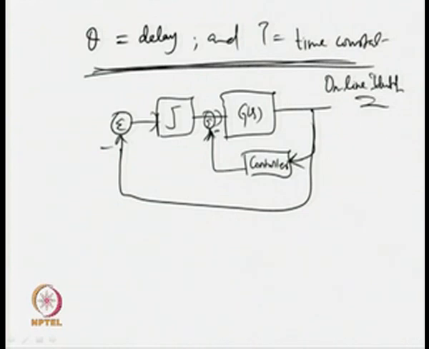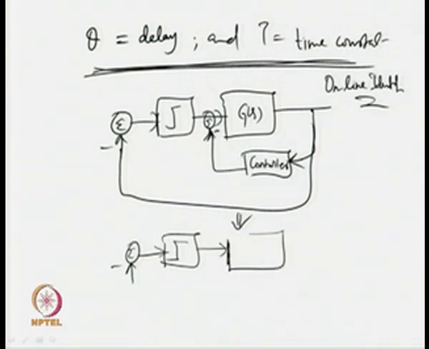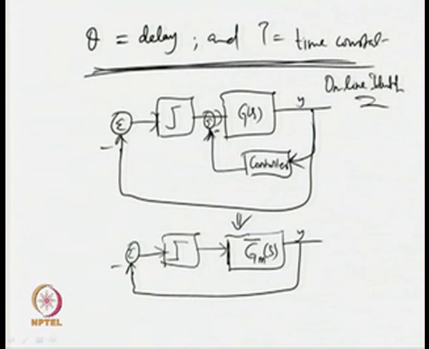From this equivalent representation, the block diagram can be reduced further to give us a block diagram of the form: relay, and some transfer function of the form G_M bar, this is the output and this is the relay output u. So, this is how you get a reduced block diagram. What is G_M bar(s) now?